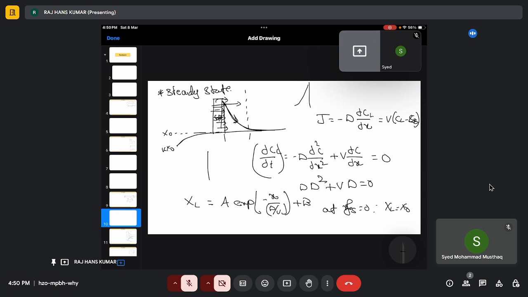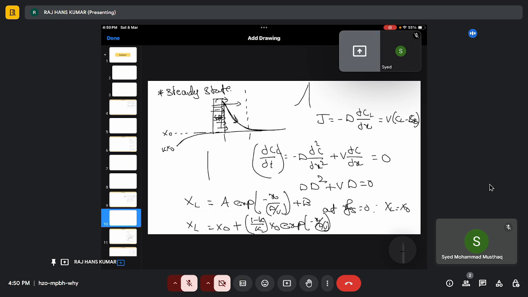And if we substitute that, then finally we will remain with xl equals x naught into k plus 1 minus k into exponential minus x upon Dv.